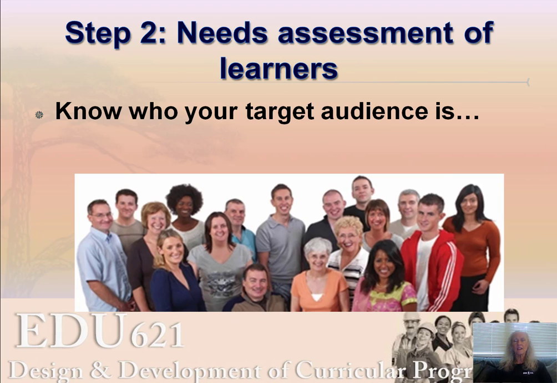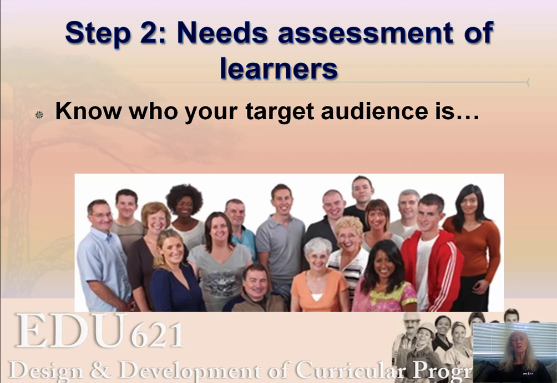So, you want to know who your target audience is, and this includes demographics such as age. It may include gender. It depends on the impact of that. It also includes the skills, attitudes, and behaviors that each target audience you use brings to the training or academic program.